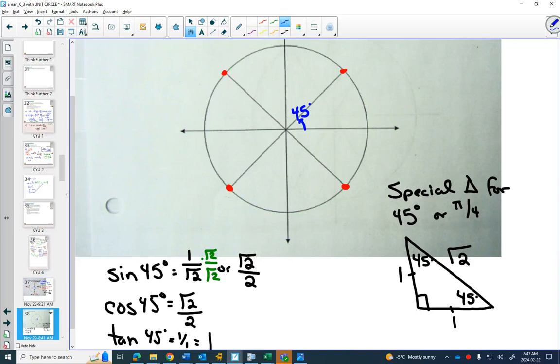This angle in quadrant 2 would be 180 minus 45 degrees, 135 degrees. And in quadrant 3, you would go 180 plus your reference angle of 45 degrees to get 225 degrees. And finally, in quadrant 4, you would go all the way around 360 degrees, subtract your reference angle of 45 degrees, and get 315 degrees.